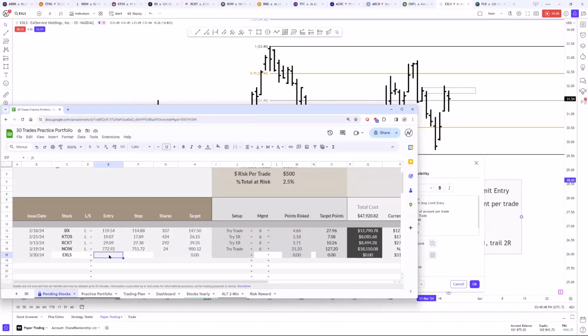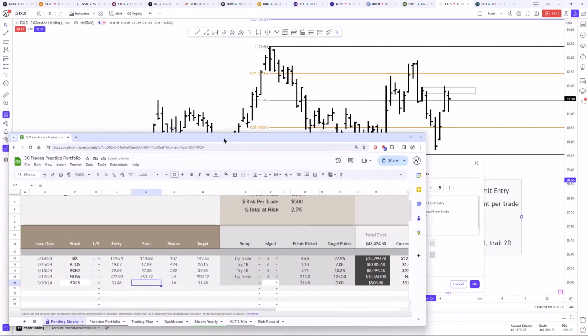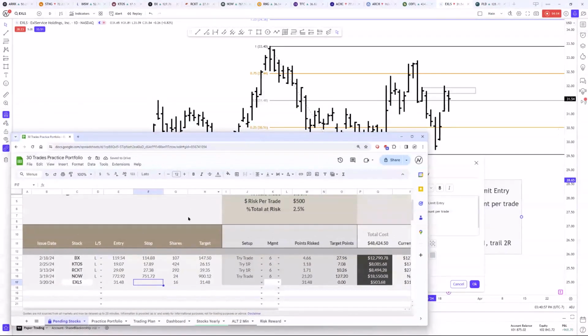31.48 is our entry. We know exactly what we're going to do ahead of time. 30.51. And this is going to be a 6R trade.